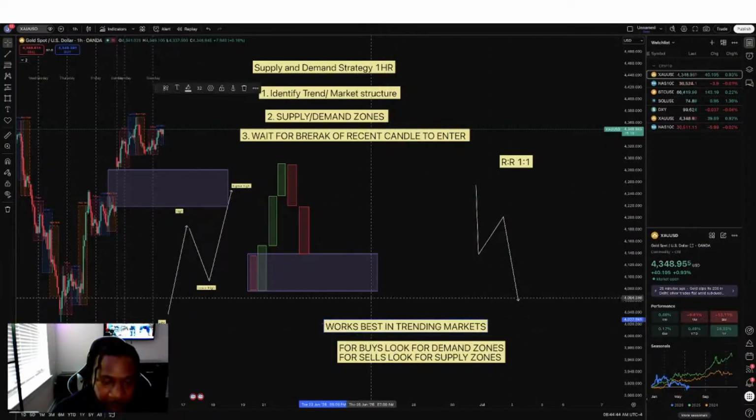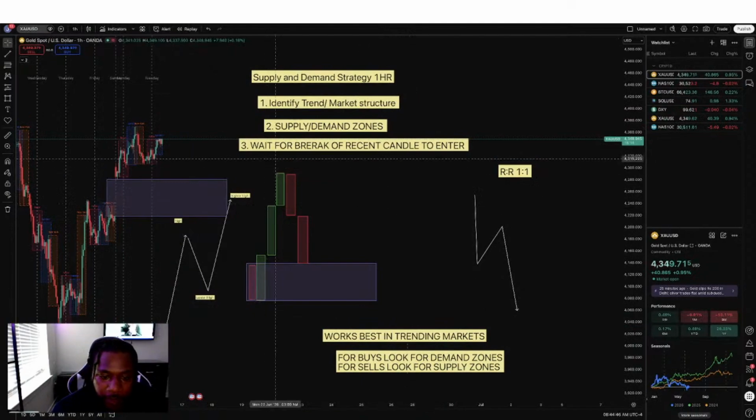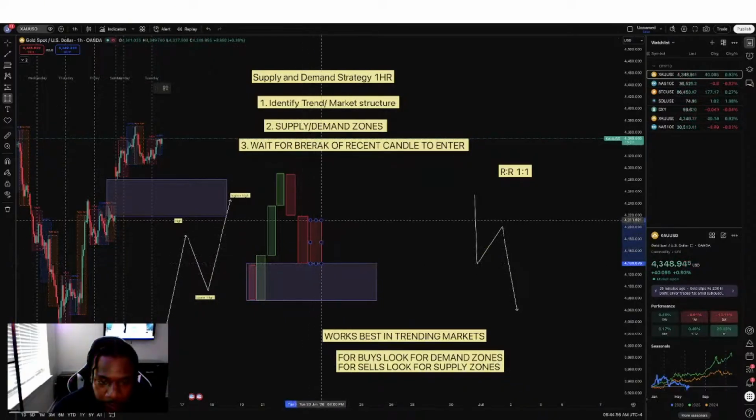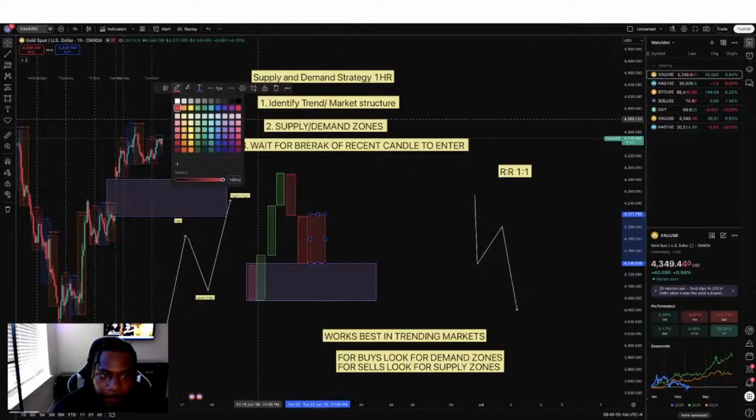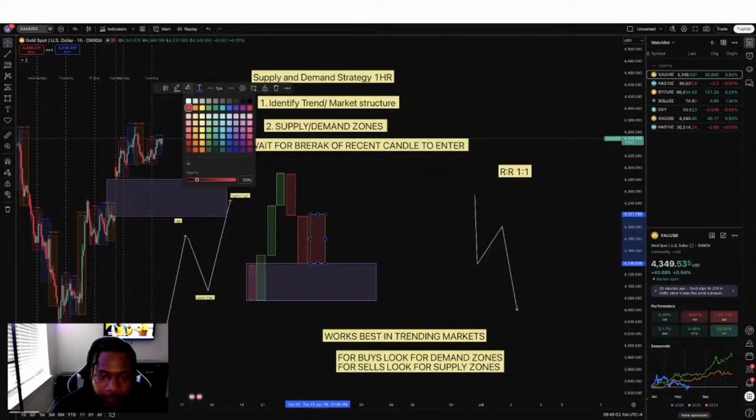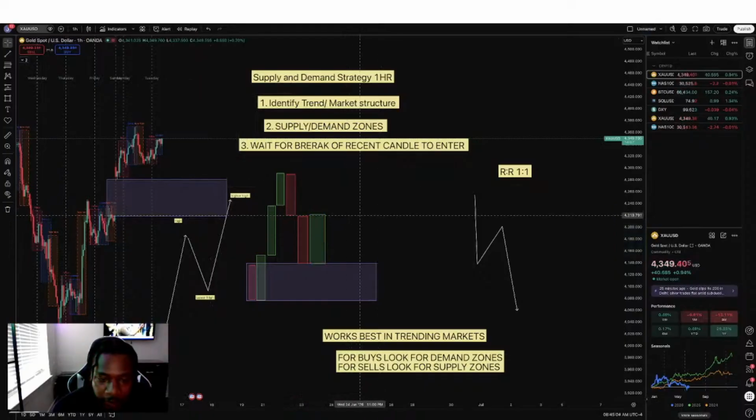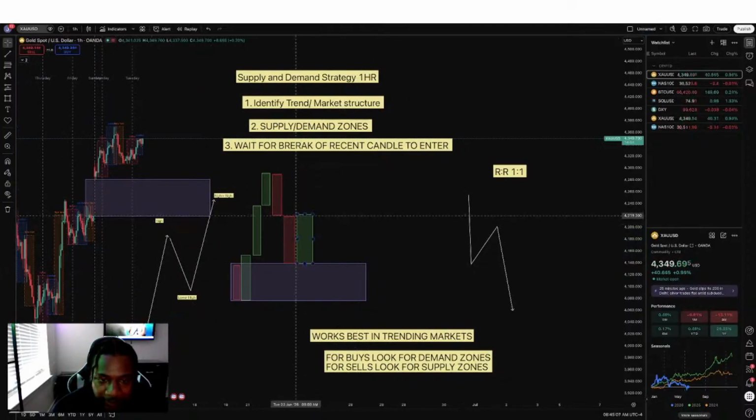All right, so now wait for the break of the candle. So what is the break of the candle? All right, so now let's say it taps our zone. Okay, it respects it. Then now it starts to head back up. But now on its way up, it breaks, as you can see, the recent candle, right?